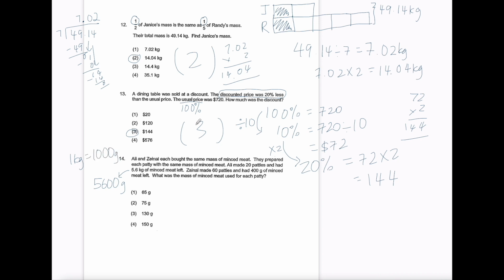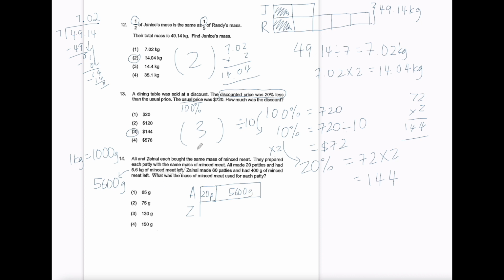Okay, so I need to draw a model so that I can see better. Ali made 20 patties, I'm going to put 20p, and had 5,600 grams of minced meat left.